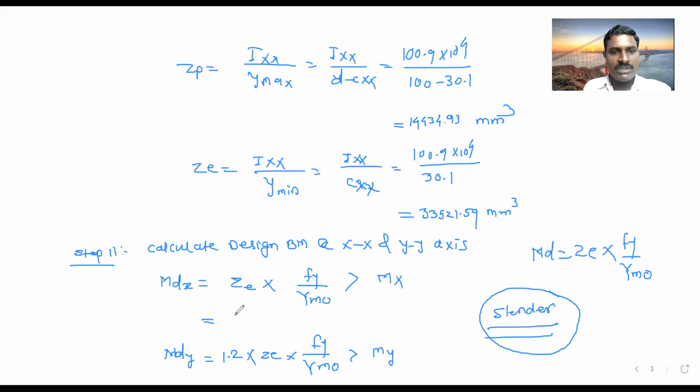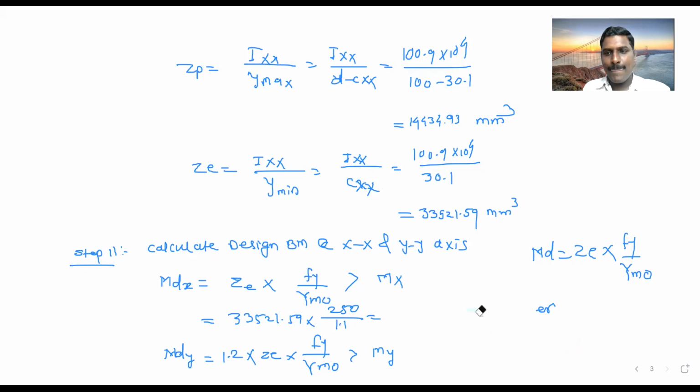So ZD is how much? 3352.59 into Fy is 250 divided by gamma m naught is 1.1. So how much is this value? Please correct this formula.